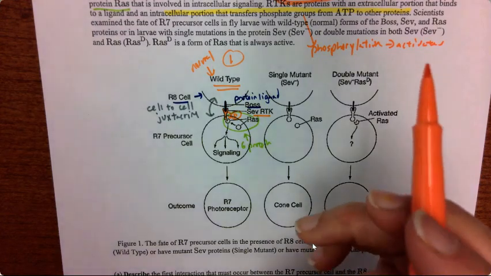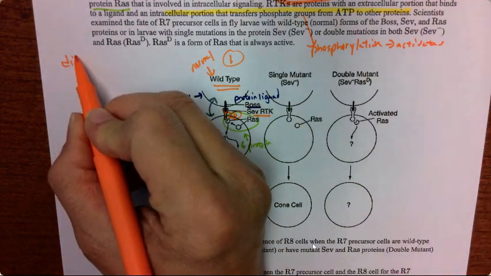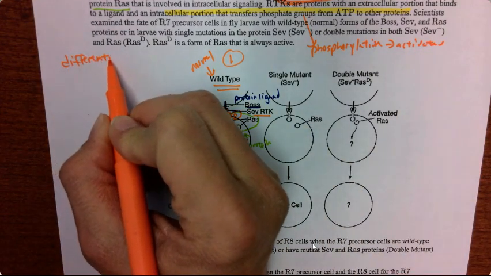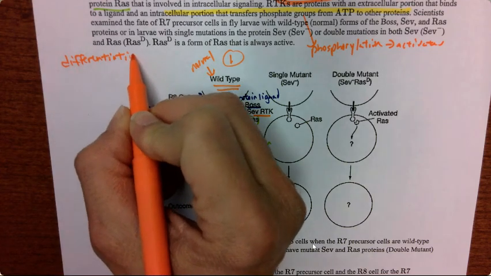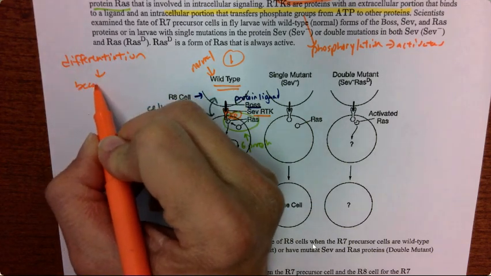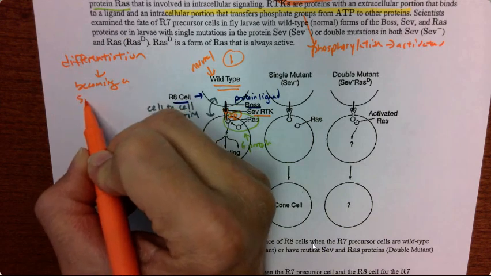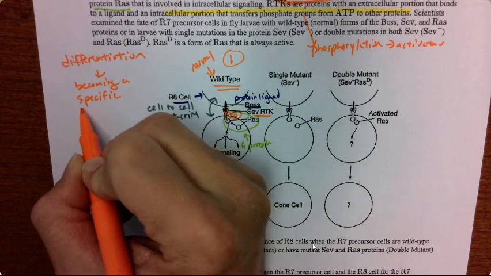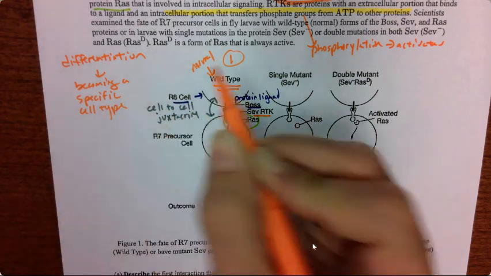What is differentiation? Differentiation is becoming a specific cell type. And you can see that here.